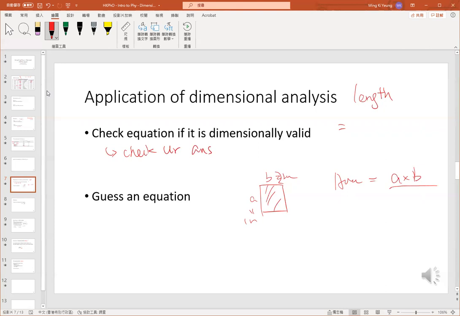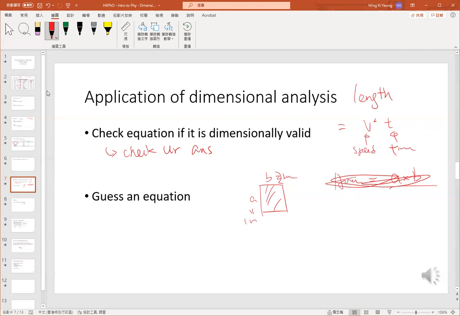Why do I need you to do so? Because then you can check whether your answer is dimensionally valid or not. Let's say for length, your final answer using symbols is v squared times t, where v is the speed and t is the time.